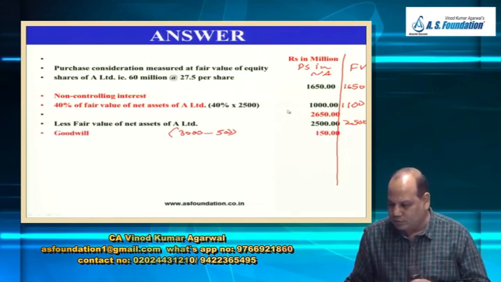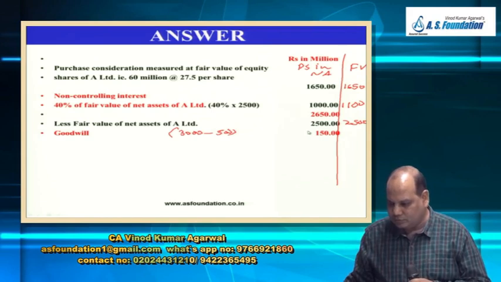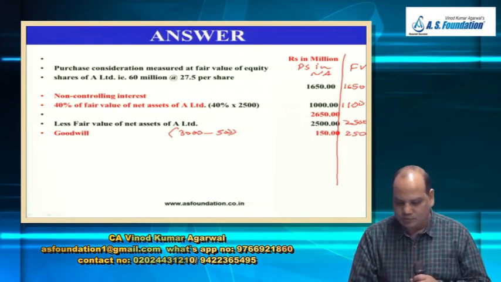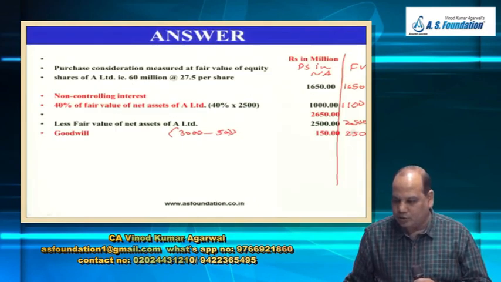Therefore, goodwill in the first column is 150, and in the second column 250. Second column 250. Write a note.